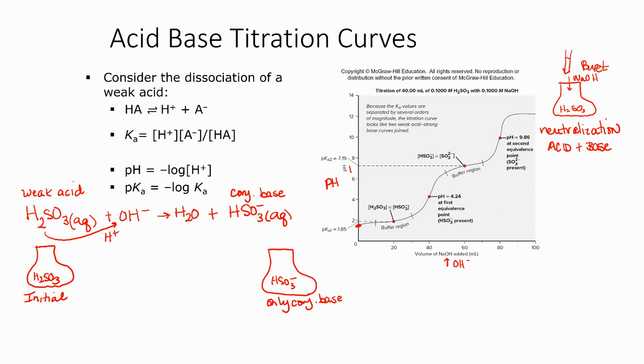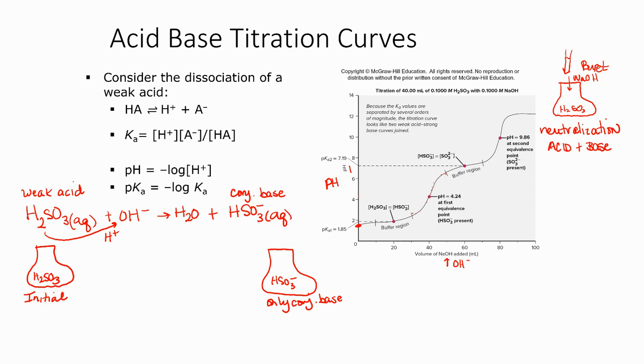In these diagrams, that is going to be the midpoint of this steeply rising part. You see how this goes up sharply? The midpoint of that is where you have only conjugate base. Now you see where it says pH equals 4.24? That's actually red on the y-axis in pH.